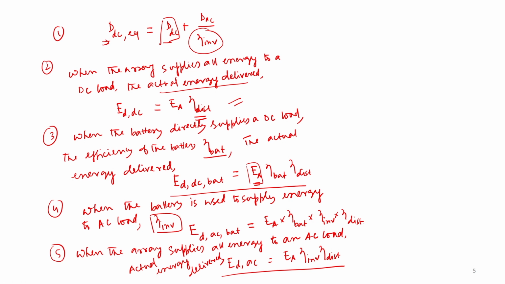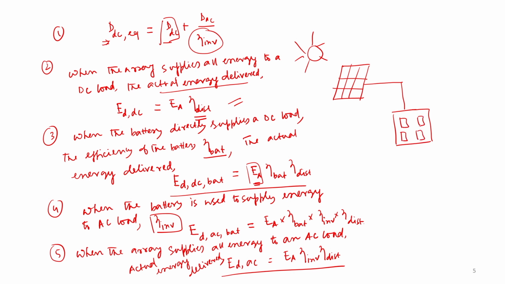So, this is something like we have this module or arrays, the sun is here, and this is connected to batteries. There may be very many batteries, connected in series and parallel, and then we will have some DC load, and we need an inverter for AC load.